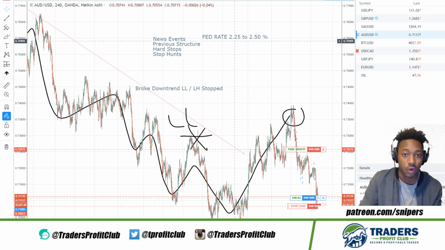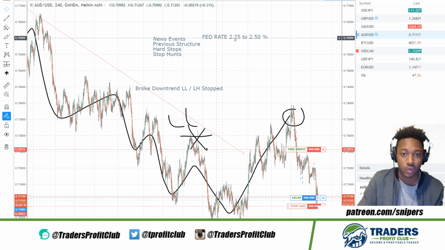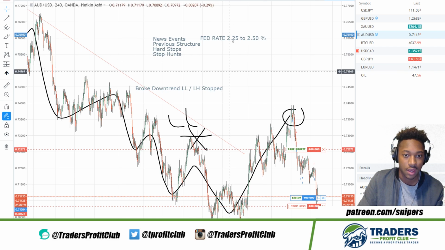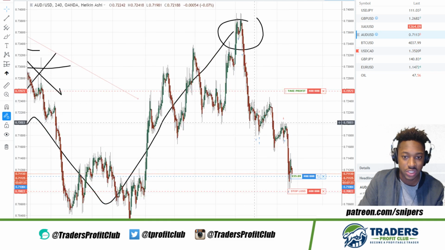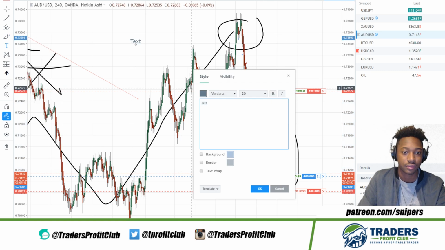So as we know from the way that we strategize our formulations, we want to go towards where the banks are going to push market price. We can see that the Fed rate was coming out. So the Fed rate was going to be a smoke and mirrors or an illusion for retail traders, right? They're going to use this sell position as an area to induce you into a sell trap, okay?